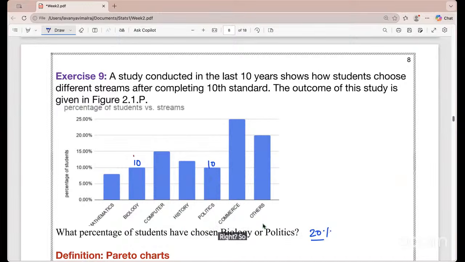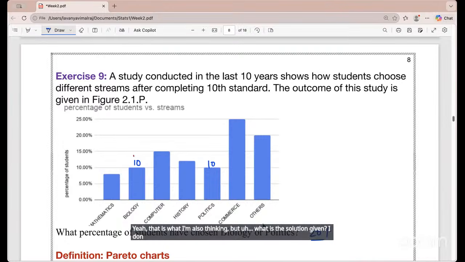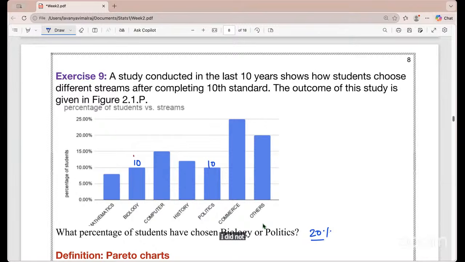According to the addition rule of probability, I think so. Yeah, that is what I am also thinking. But what is the solution given? I don't know. This is a PA question. Ma'am, it's given 20. Yes, 20. So based on that rule, this should be 20 only, right?